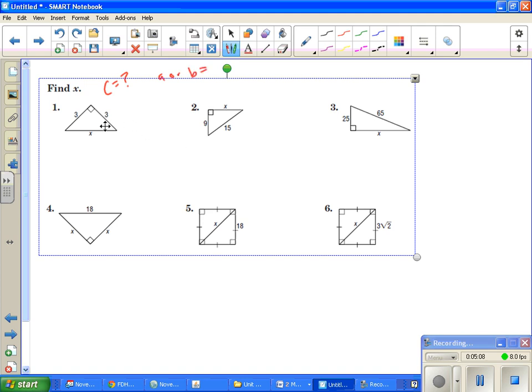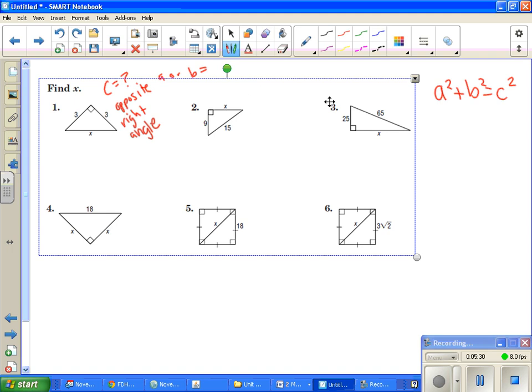It's going to change depending on the problem. Remember, C is always opposite the right angle. So ask yourself that question. Once you know which one you're looking for, then you just plug them into your Pythagorean theorem, which is a squared plus b squared equals c squared.